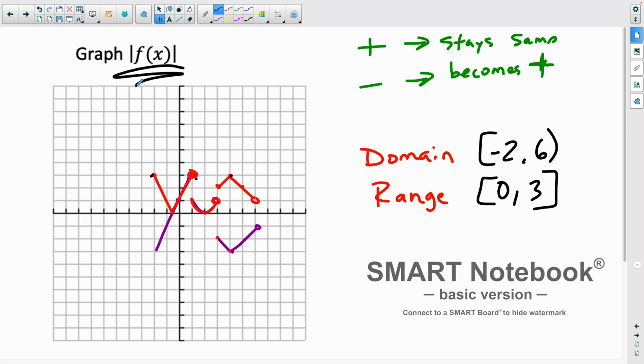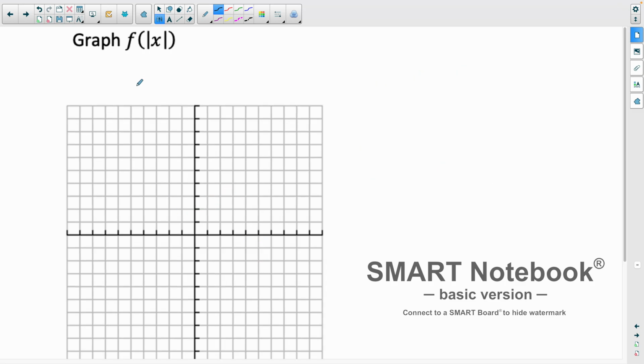All right. Let's take a look at the one on the bottom left now. How is this one different? Just the x. We're only doing the absolute value of the x. Not the whole problem. Just the absolute value of the x's.